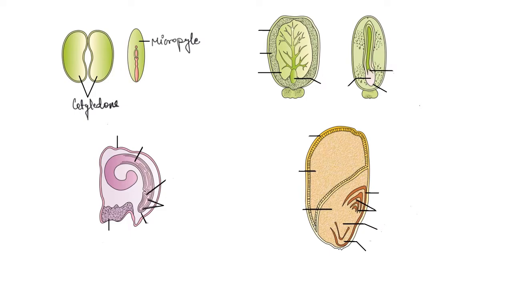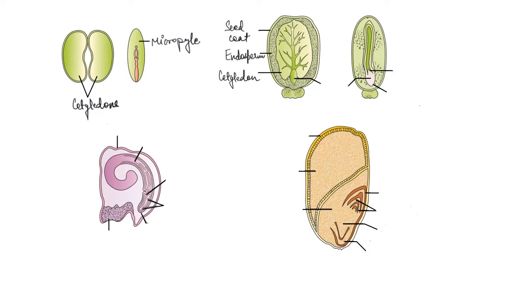Now in the second diagram of a seed, this outer coating is the seed coat. After that is the endosperm, and inside is the cotyledon.